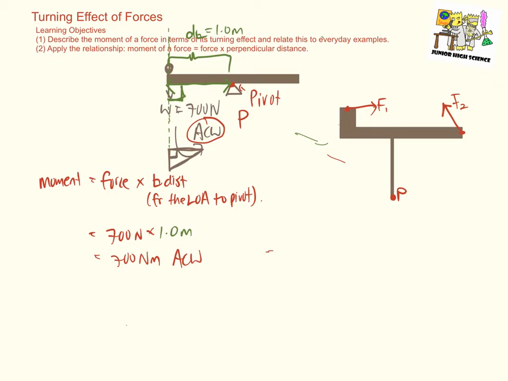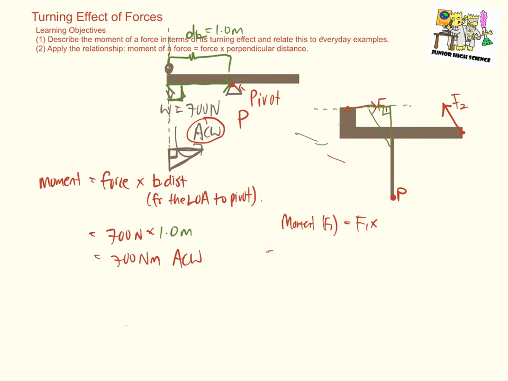Next, let's figure out the turning moment caused by F1. The moment caused by F1 is equal to the force itself multiplied by the perpendicular distance. To figure out the perpendicular distance, first thing first, find the line of action of the force. Next, using a set square, figure out the perpendicular distance from the line of action to the pivot. Shifting my set square around, ultimately I will find that my set square will be in this position.